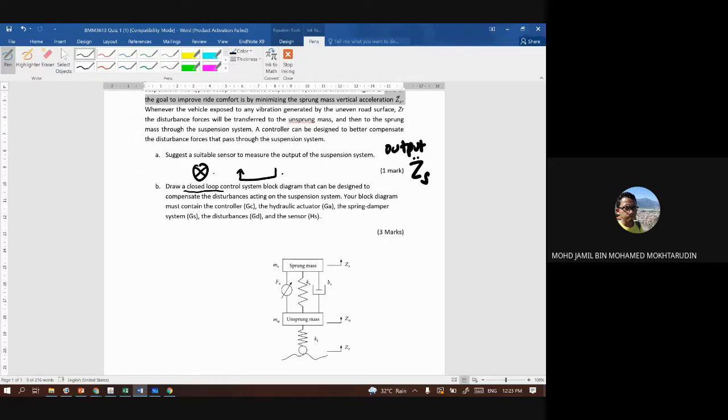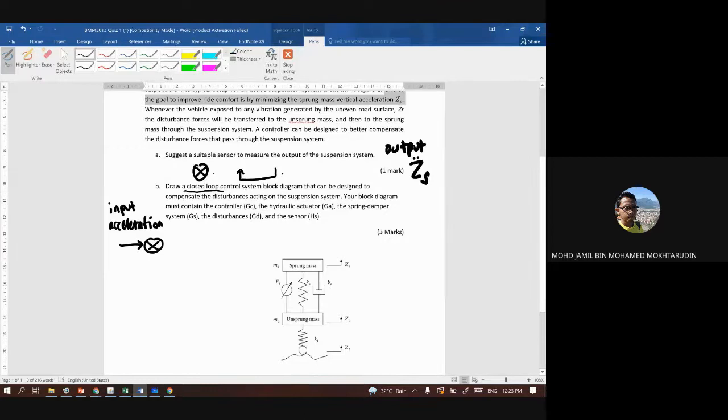So we can start drawing by putting an input. Input, maybe input ZS, or input acceleration or input displacement, and then going into a summing junction.